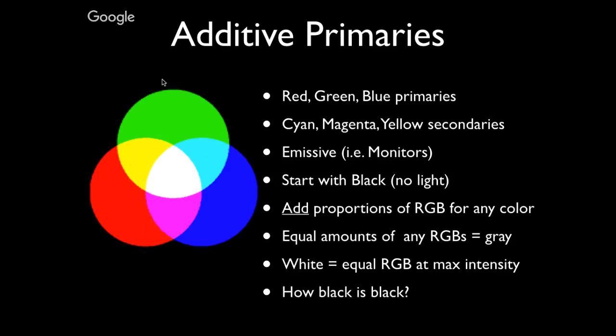The environment, the room that you have got, and your screen are what establishes your black point. When we work in the studio, if we are trying to make serious color judgments based on this, we would kill all of these overhead lights.